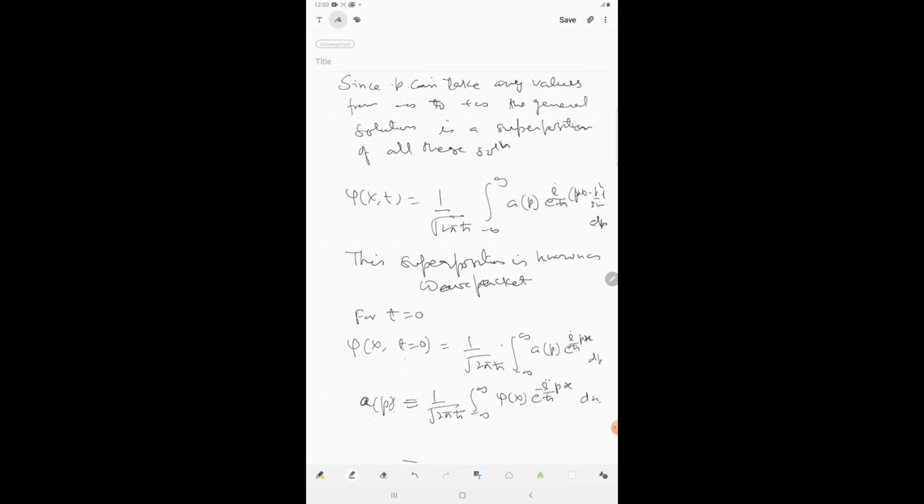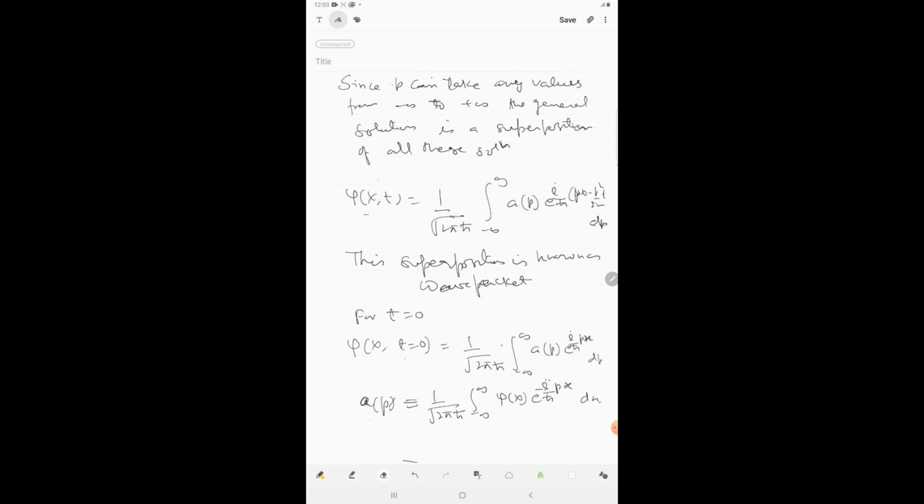So what it implies basically is that if you know the function at time t equal to 0, by using this function you can get A(p), and once you know A(p) you can just substitute this A(p) here and understand how this wave function or this wave packet evolves, and we'll get a more general solution of this.